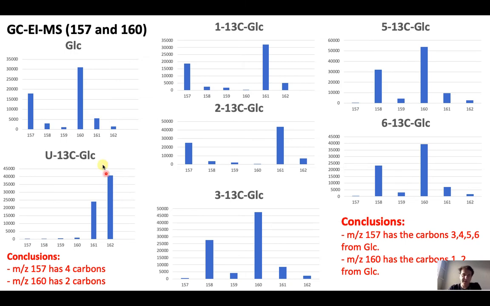The 160 we know has 2 carbons, so probably this fully labeled here is from the 160 fragment, and this increase here may be from the 157. So that means the 157 has 4 carbons and the 160 has 2 carbons, and they overlap in the 160 and in the 161.